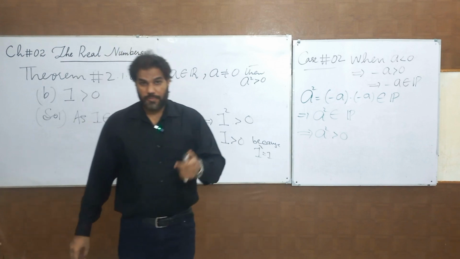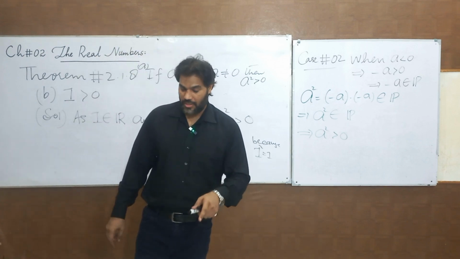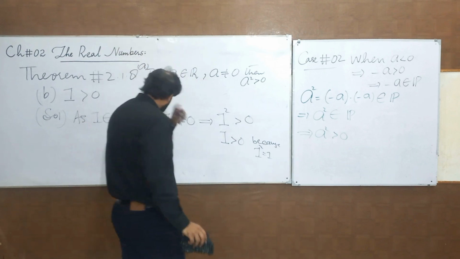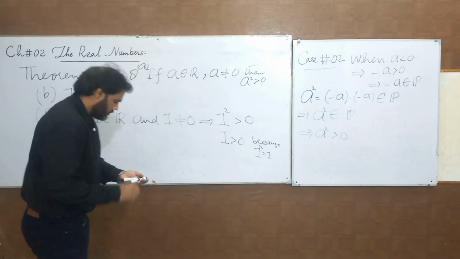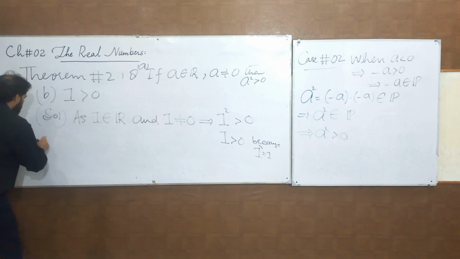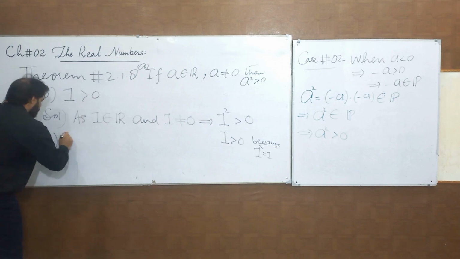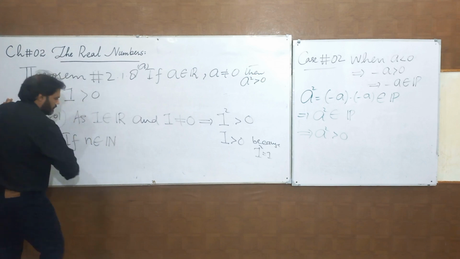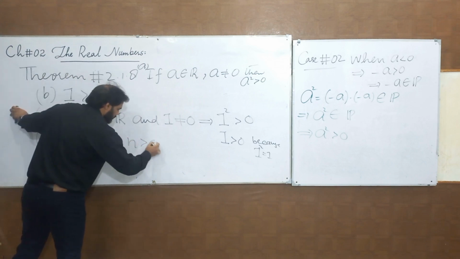And now its C part. If n is any natural number, then n is greater than 0. Its C part says if n is any natural number, then we have to show that n is greater than 0.